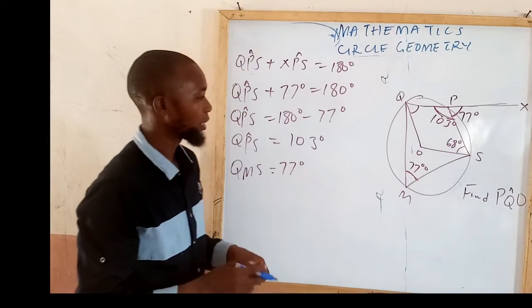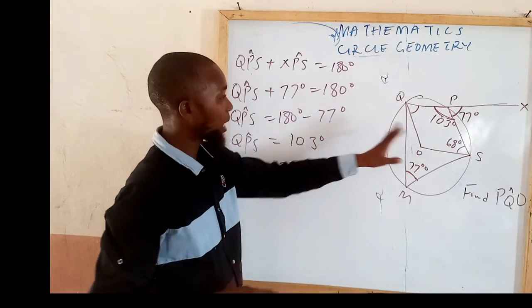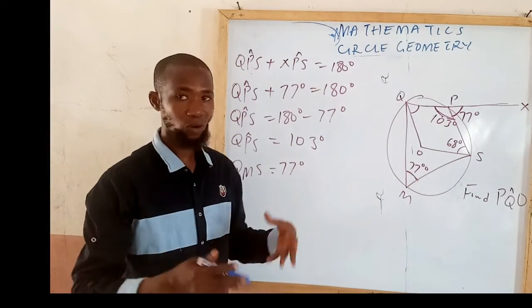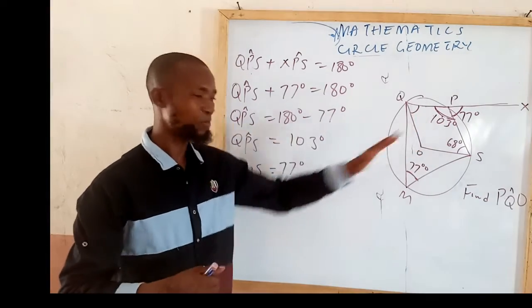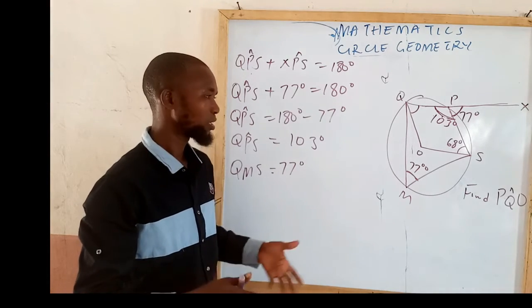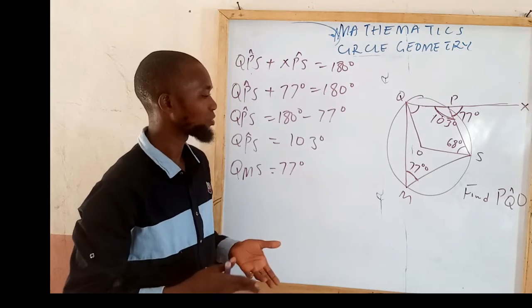Now, we can see the cyclic quadrilateral properties, the theorem of cyclic quadrilateral, has done all its best. What else can we do in order to achieve the result which we have to find?